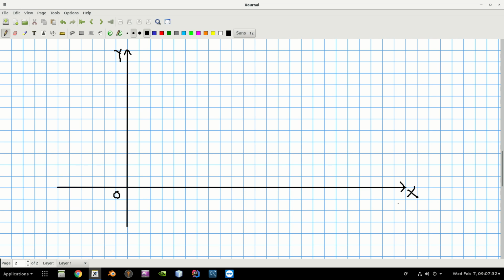Okay, we got a very simple setup over here. Let us take 2 points, say P1 and P2, and let me put that in a different place, maybe over here.